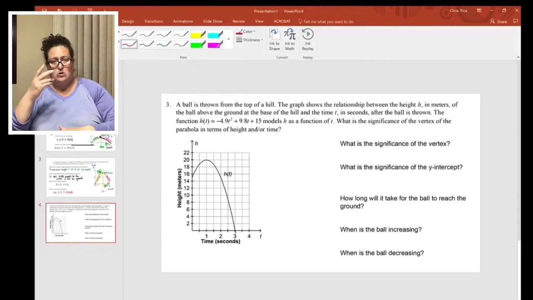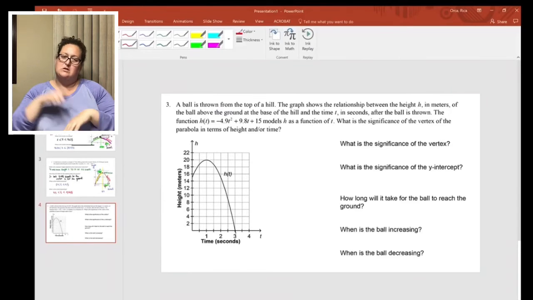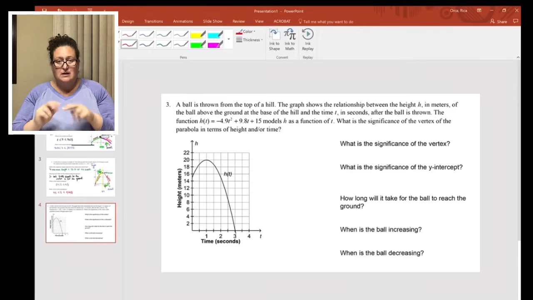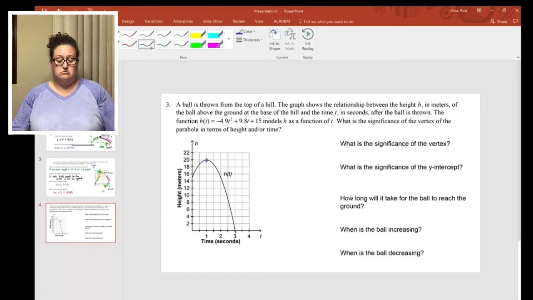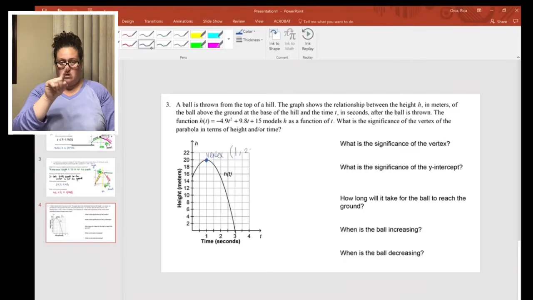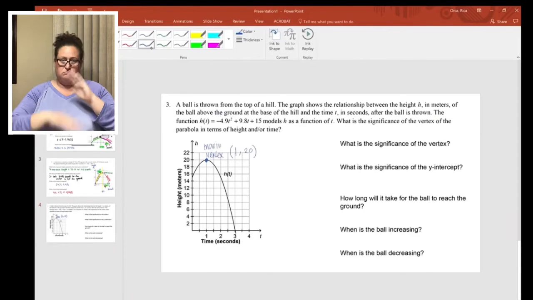Here are some additional questions that pertain to the problem. What is the significance of the vertex? If we look at the vertex, our vertex is at 1, 20. Our vertex represents the maximum height.